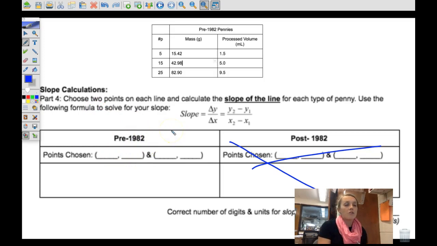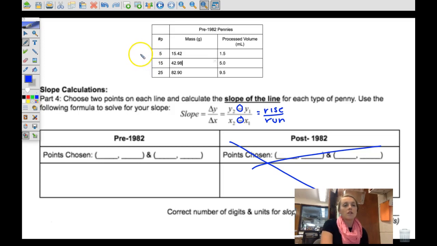Now back in pre-algebra, you guys learned about slope, where the change in the y-axis over the change in the x-axis is also known as rise over run. And we find the rise by subtracting the difference between the two y values and the difference between the two x values. To be really honest, it doesn't matter which points we pick. We just have to pick two of them.